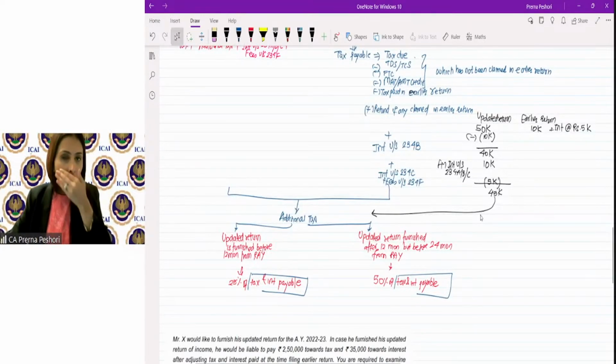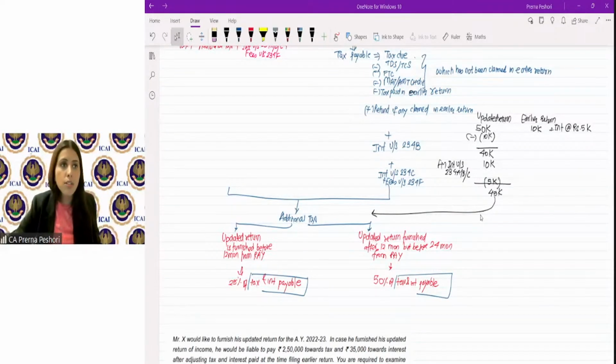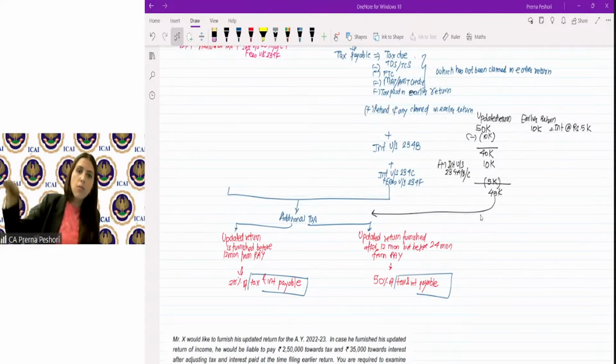Clear, students? Yes or no? All of you students, please, I need the answers. I'm not seeing answers from all the students. This is a very, very important topic, the updated return. Yes, students, I need answers before I proceed further. Yes or no, everybody? I'm not getting responses. Everybody's so active when the class starts, and then after that you just kind of go away, I feel.